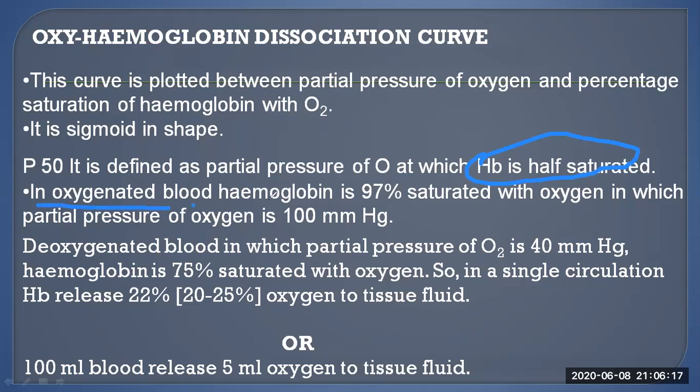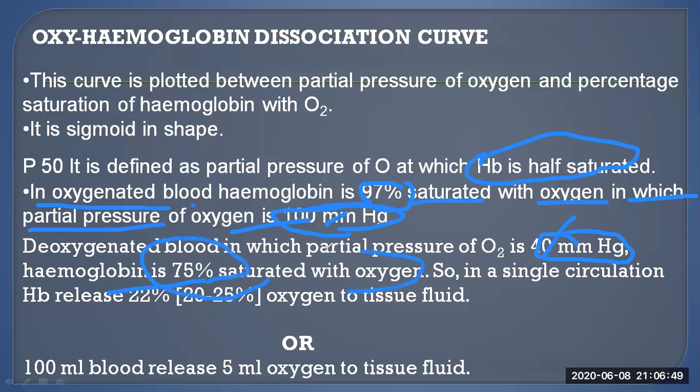In oxygenated blood, hemoglobin is 97% saturated with oxygen, at a partial pressure of oxygen of 100 mmHg. If the partial pressure of oxygen is 40 mmHg, hemoglobin is only 75% saturated.